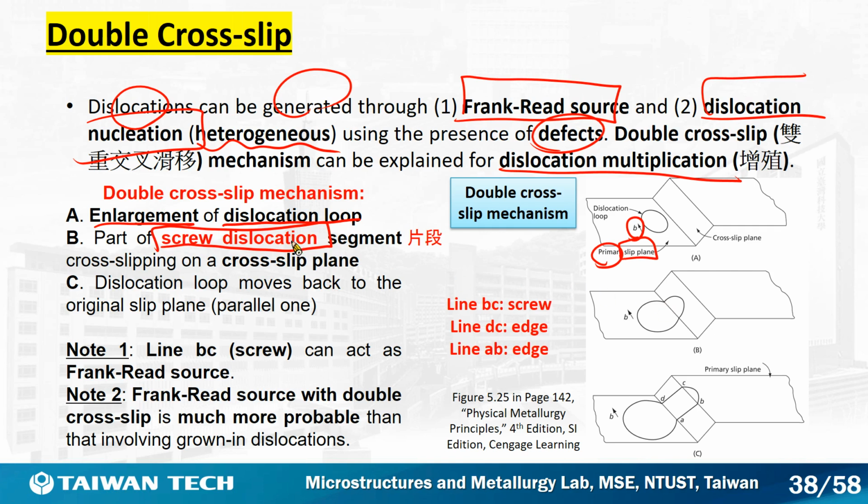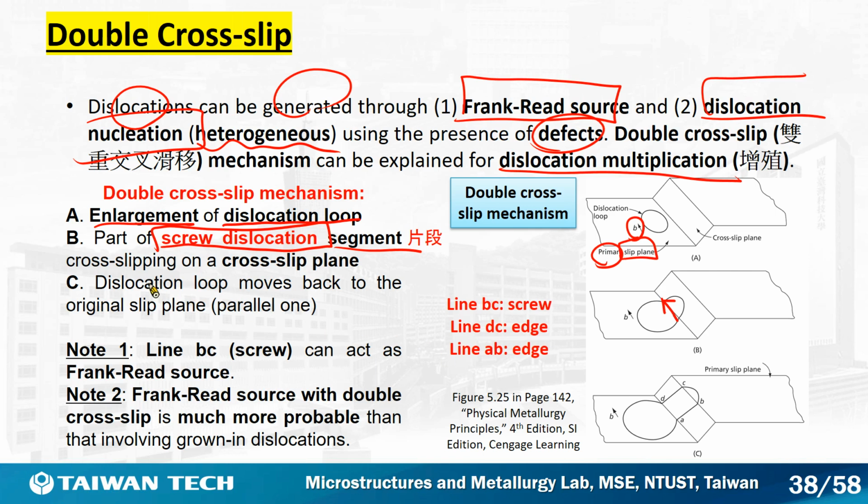So the screw dislocation segment will go up on this plane. So we call this cross slip, right? Go from one slip plane to the other slip plane with the same what? With the same slip direction.